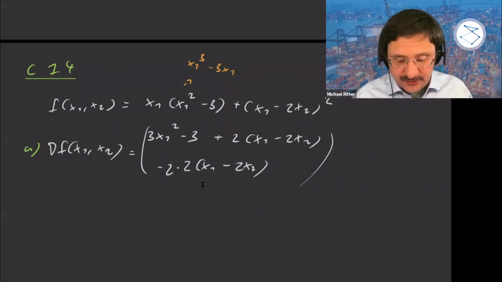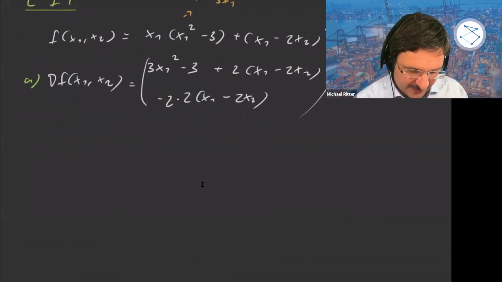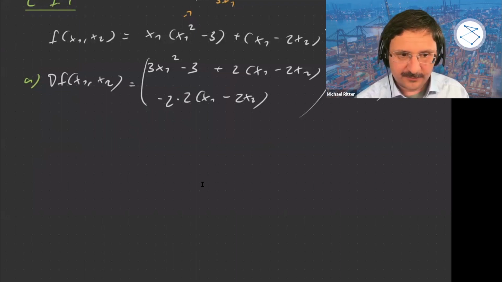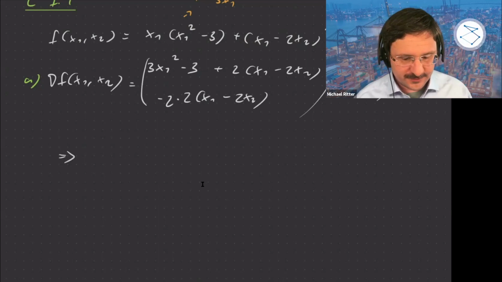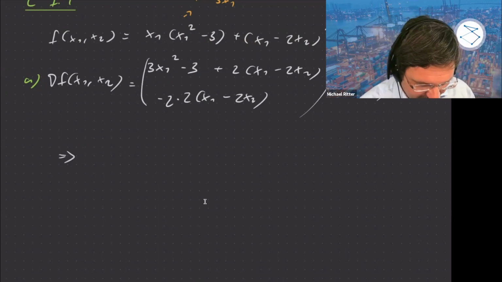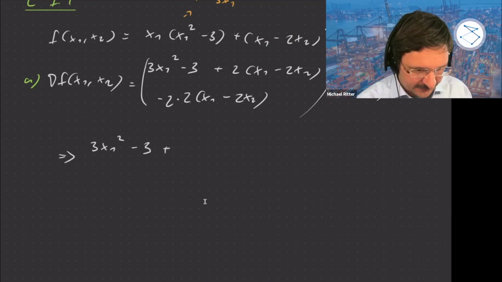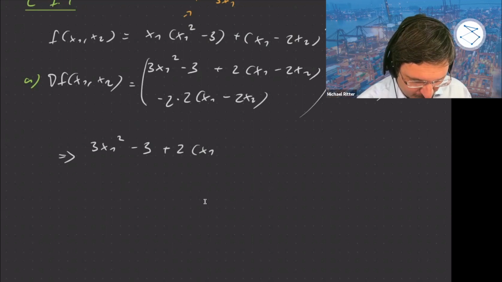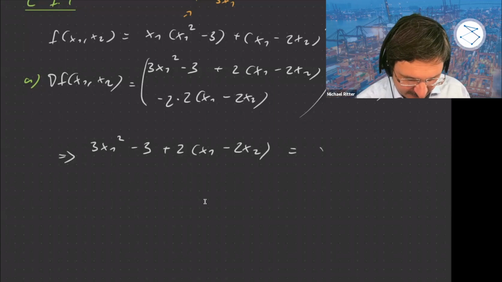And now we need the stationary points of the gradient. So we want that to be 0 and 0. And that yields a nonlinear equation system. First, we have 3x1 squared minus 3 plus 2 times x1 minus 2x2 is 0.